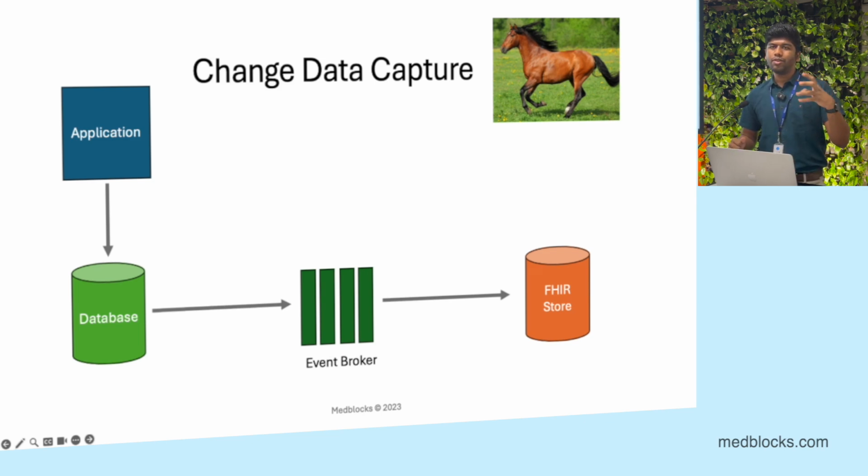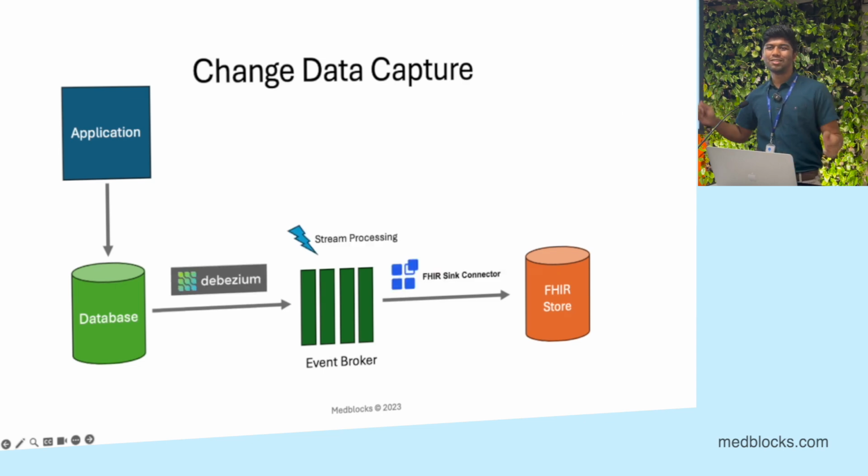Now, we were using change data capture to directly tap into the database and listen to what changes are happening, then push that to an event broker, transform it, and then push it to a FHIR store. Seems like an easy solution, but it also comes with its own set of problems and complications, right?